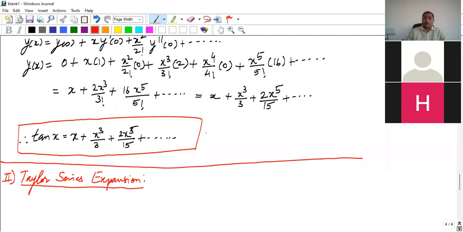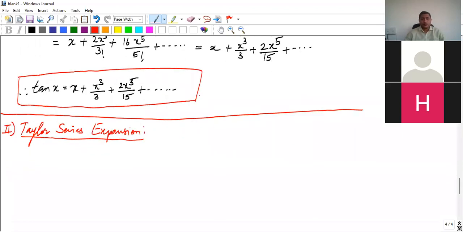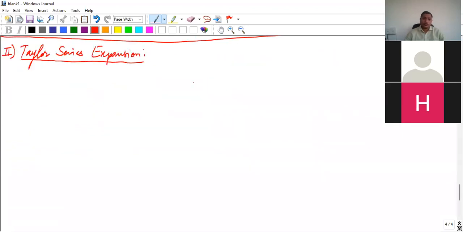So this Maclaurin series expansion is about the origin, but Taylor series expansion is about any arbitrary point. Okay, so we have the Taylor series expansion.